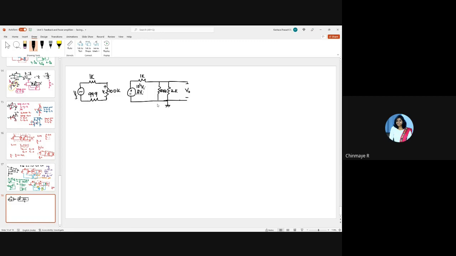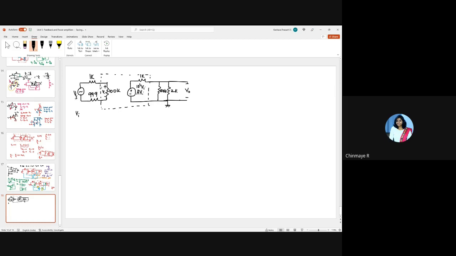Now I want you to find out what is V naught by Vs. First, find out what is Vi in terms of Vs. All these three resistors are coming in series. Let me even identify the actual amplifier. So what's Vi in terms of Vs?